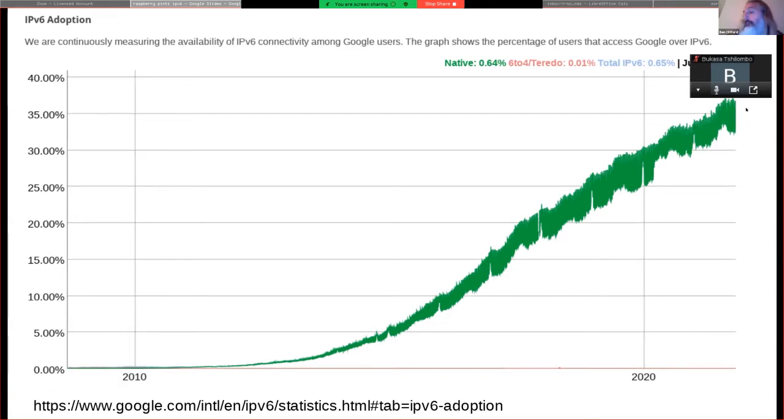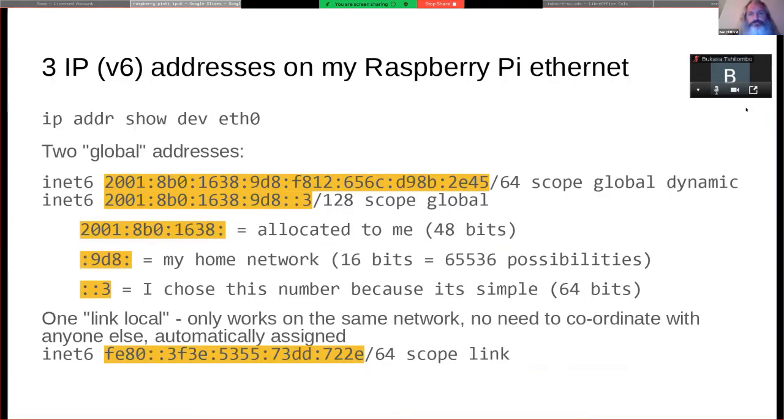I know where I am, my mobile phone has IPv6. My two internet connections both have IPv6. So I showed those addresses earlier that are on my spiral display Pi in front of me. The top two are the public IP addresses. One of them, the longer one, is automatically allocated.